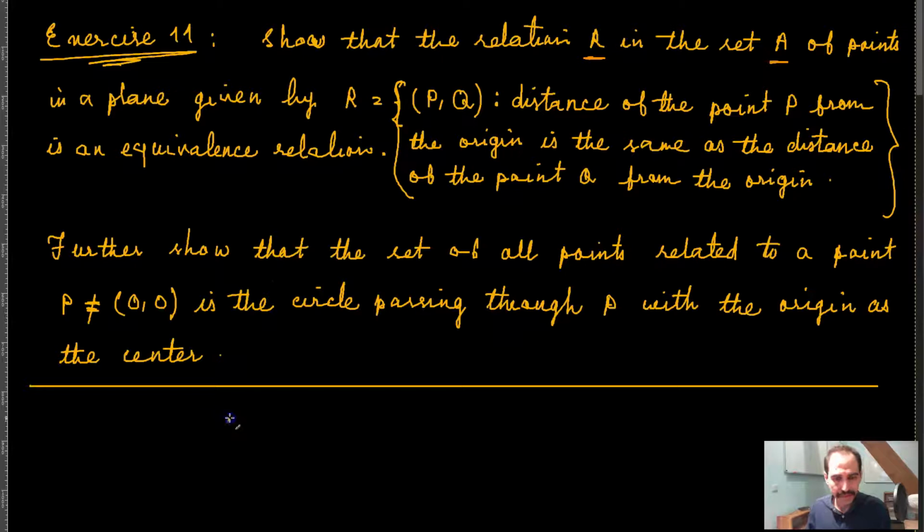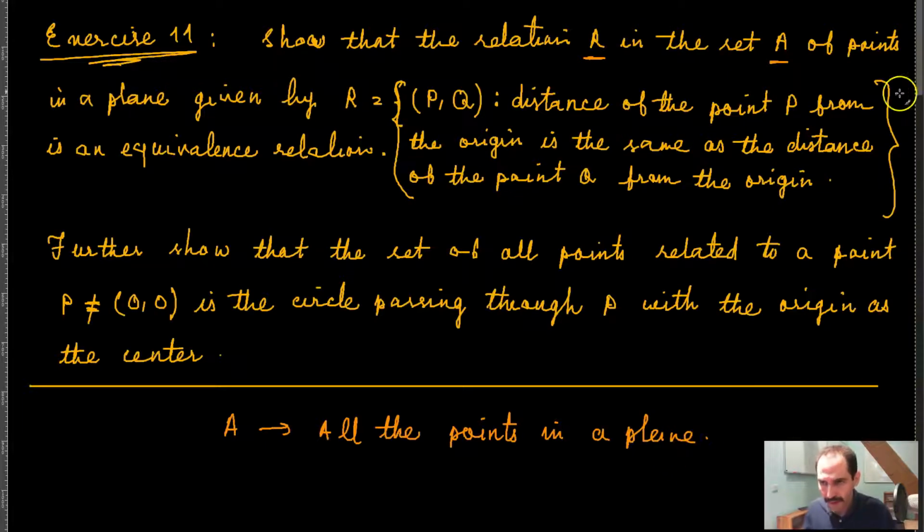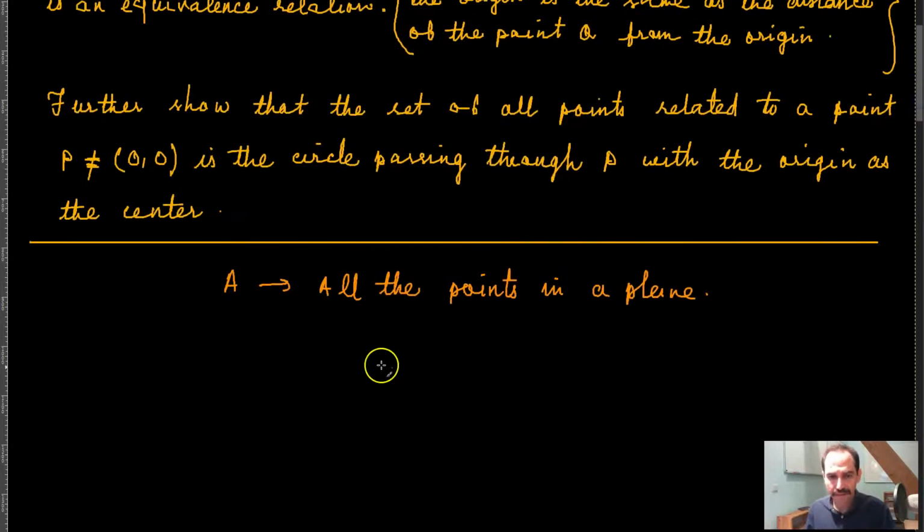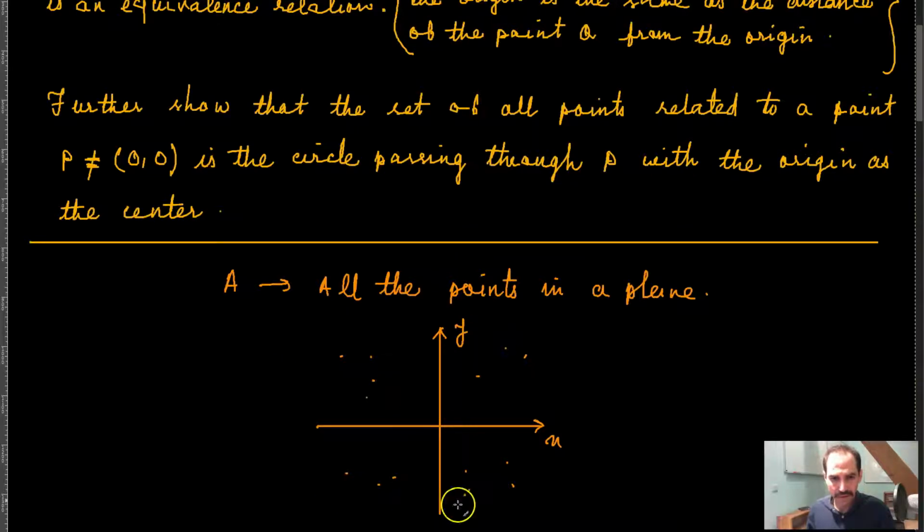So you can imagine that set A contains all the points in a plane, for example x comma y, and any point that you might find over here that belongs to the set A, right?